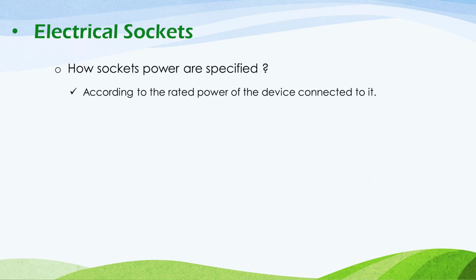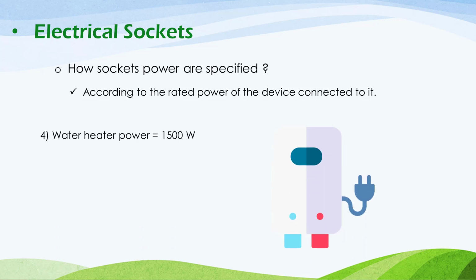Also, the same idea is applied to the electrical water heater, as it consumes a rated power of about 1500 watt, which is larger than 1000 watt, hence the power socket is used.